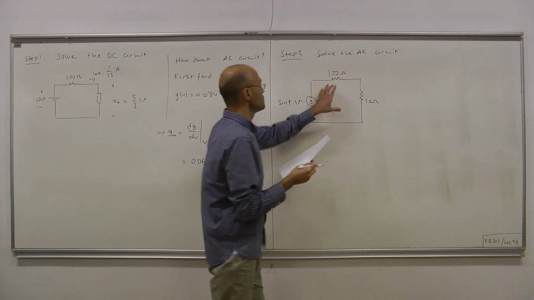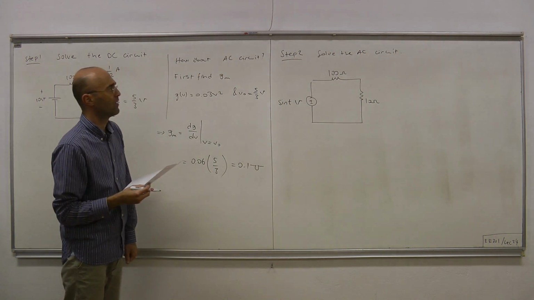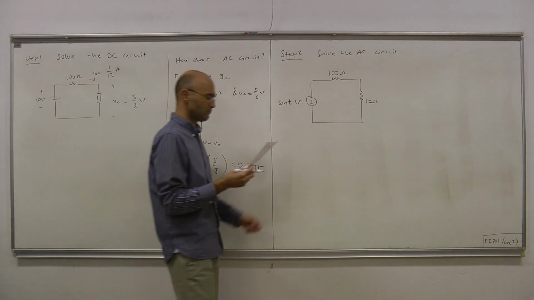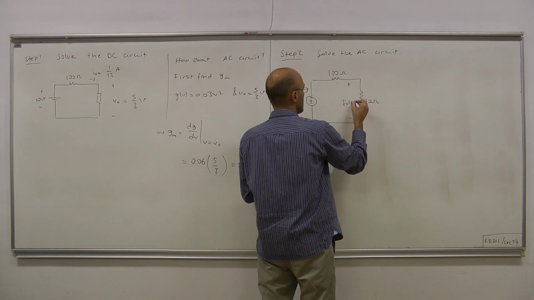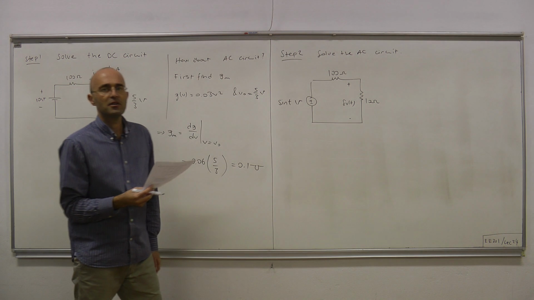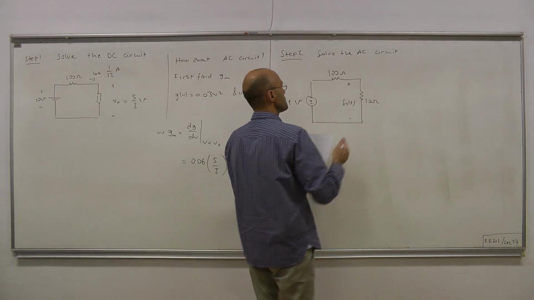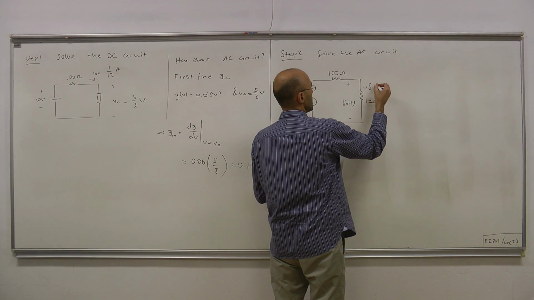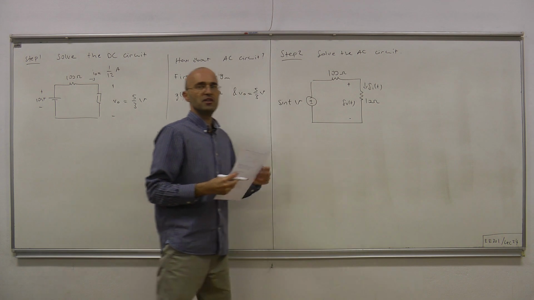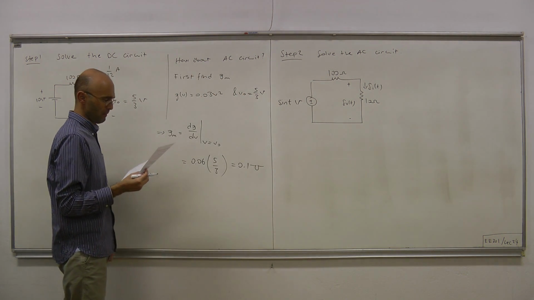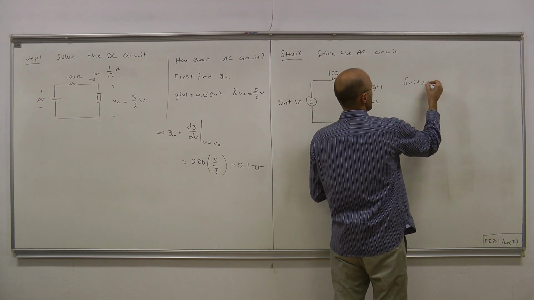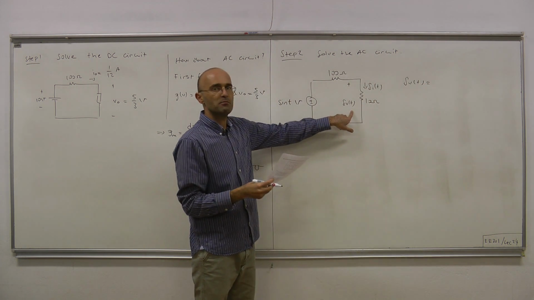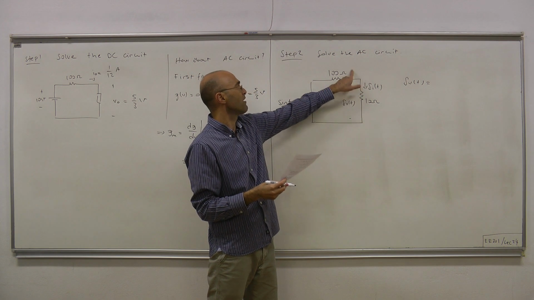Okay, and now using this very simple circuit, we figure out the variation of the voltage around the DC operating point, and likewise the variation of current around the DC operating current. Delta v of t by simple voltage division. Here we have 10 ohms, here we have 100 ohms.